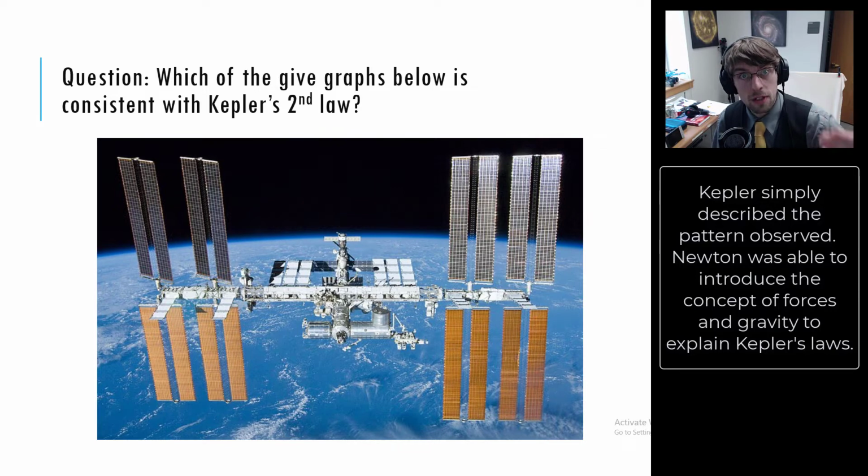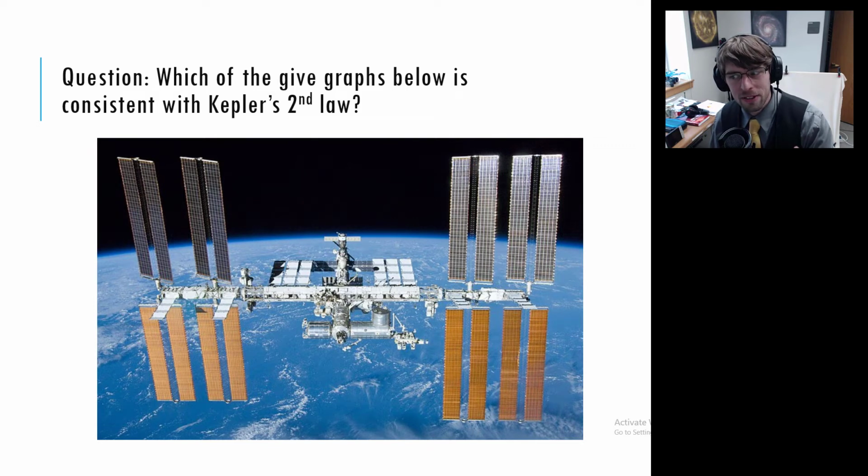Although it was developed historically for the planets and the sun, because it has its underlying basis in Newton's law of gravity, we could apply it to objects orbiting other objects. It doesn't necessarily have to be the sun and the planets.